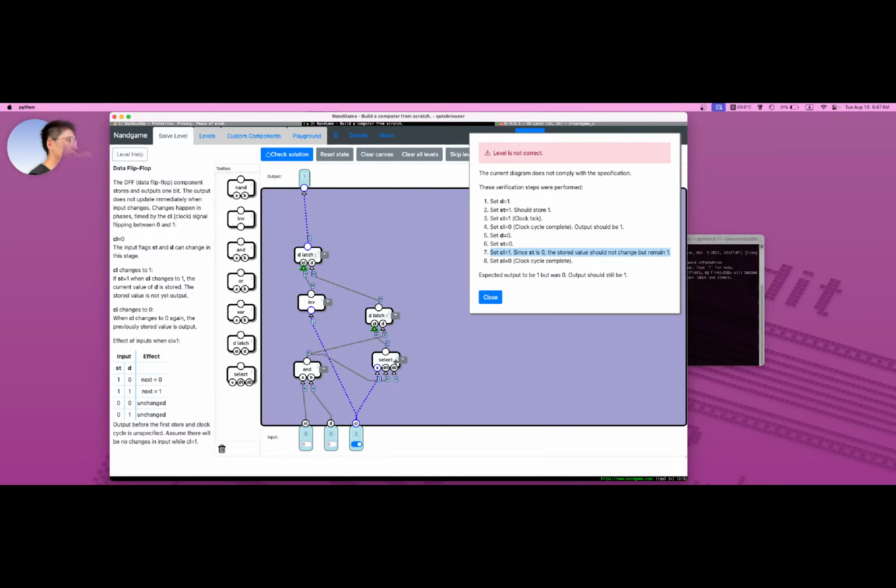So clock is 1. We need to check the ST and D values. Okay, makes sense. When clock is 0, still use them? So I don't need this guy.